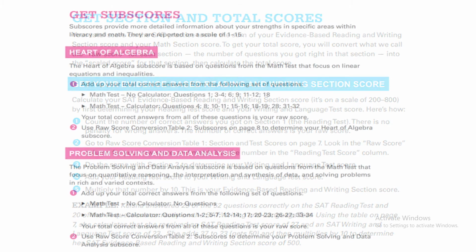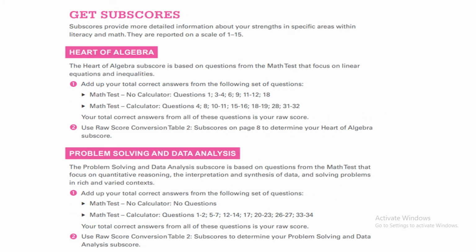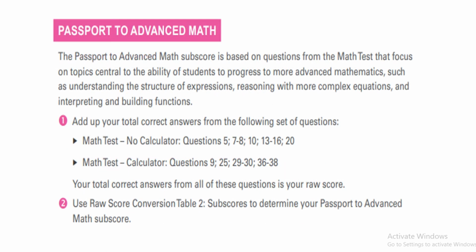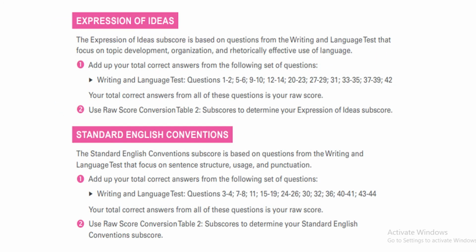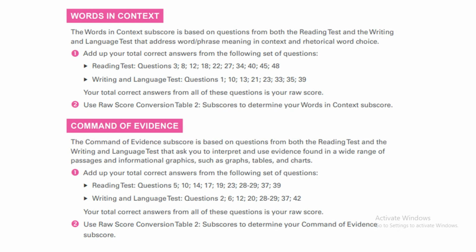Similarly, your math sub-scores, heart of algebra, problem solving and data analysis, passport to advanced math, expression of ideas, standard English conventions: how each of these is graded has been explained in detail in this PPT. You can download it from the link provided and have a thorough understanding of the same.